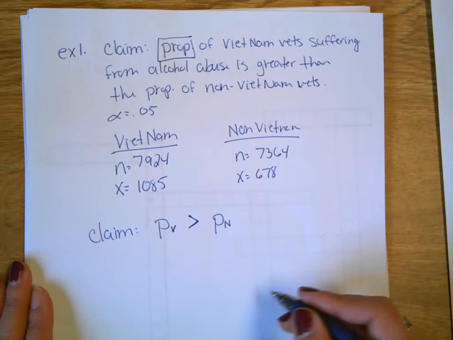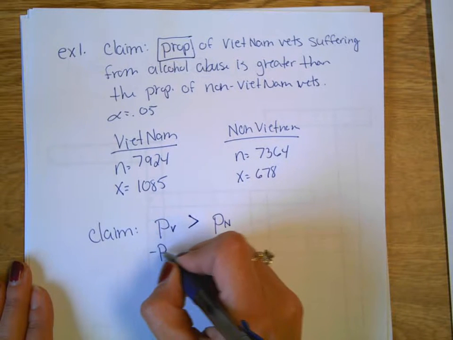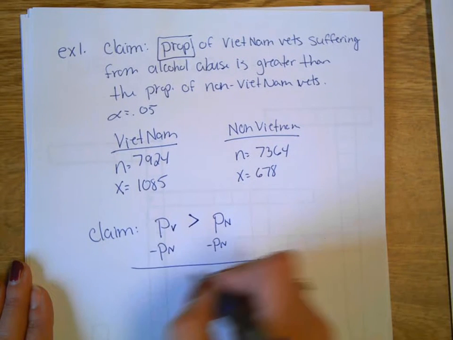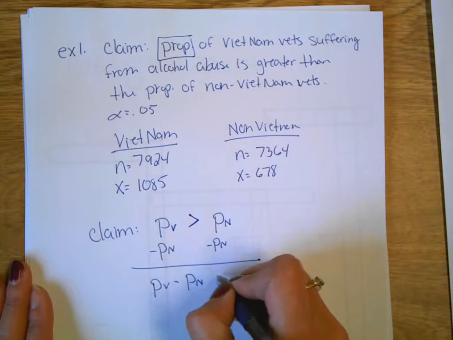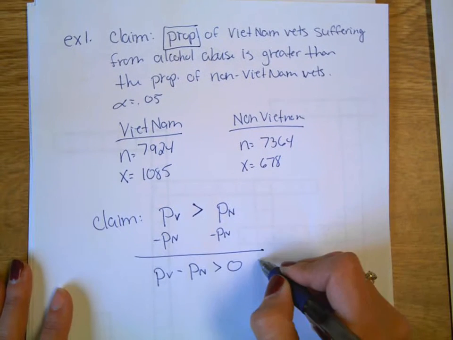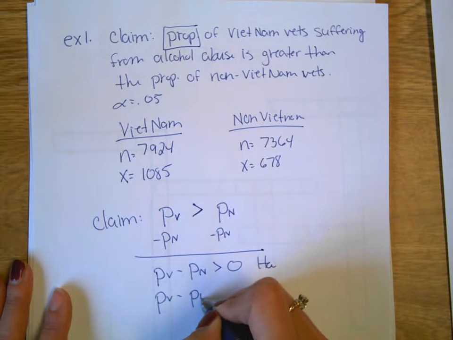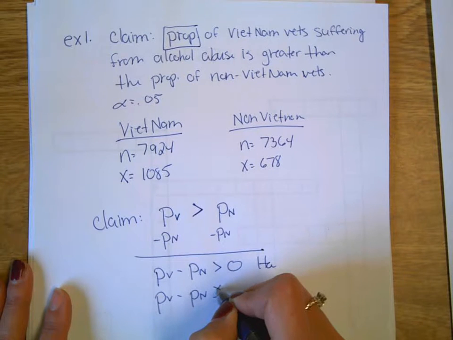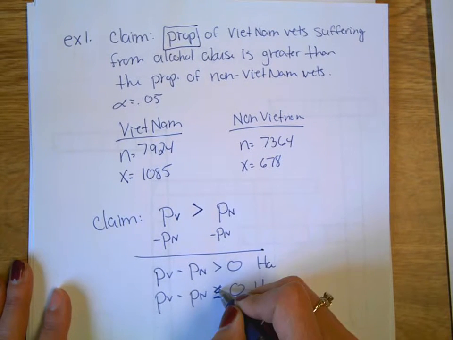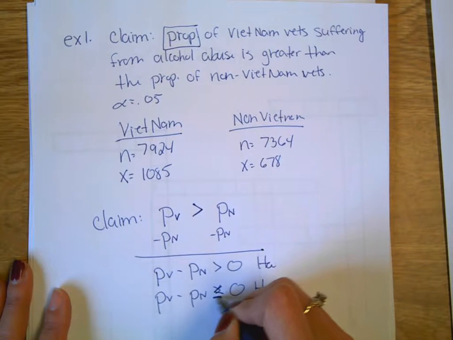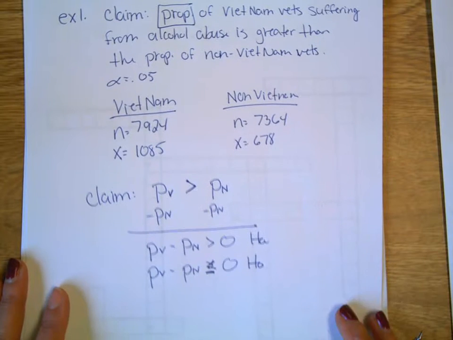And now we want to compare the difference, so we'll do the subtracting. There's your Ha. There's your Ho.